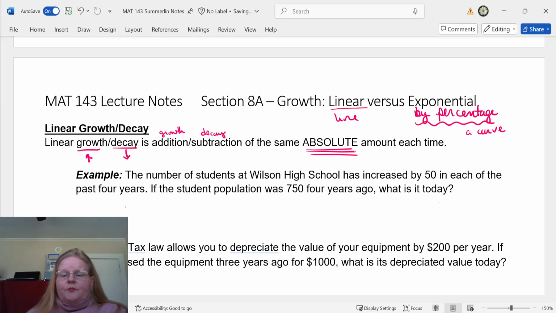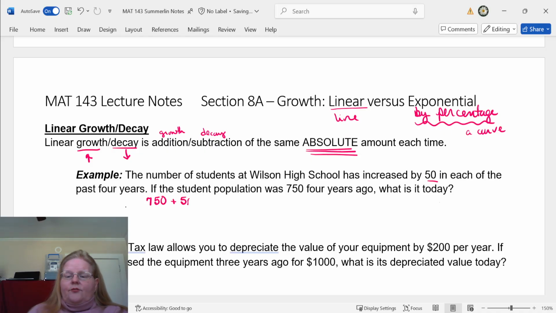An example would be the number of students at Wilson High School has increased by 50 each time in the past 4 years. If the student population was 750 4 years ago, what is it today? So what they want us to do is say that Wilson High School had 750 4 years ago. So we would have to add what it is increasing by for every year.